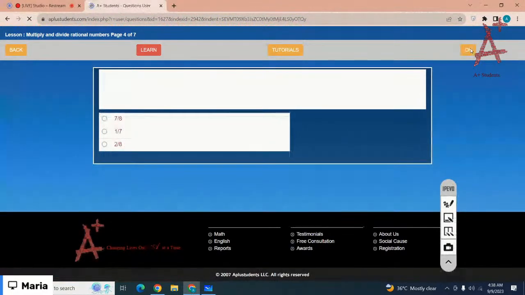Okay, the next one is negative 1 over 8 divided by 7 over 8. So which is the correct option? Yes, that would be option number 1, negative 1 over 7, right?